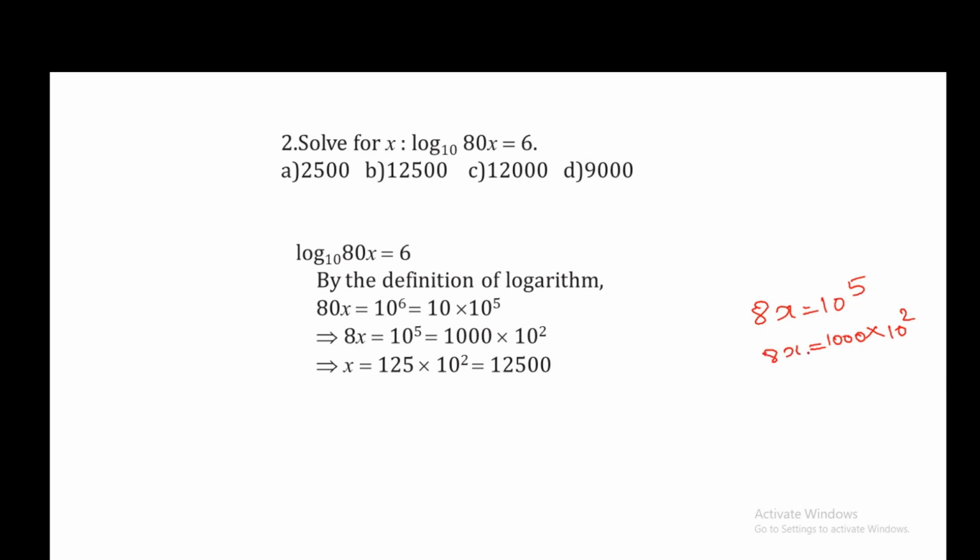Here we have 8x, so x is equal to 1000 into 10 square, we keep it the same, divided by 8. So these two we can check out, 125. X is 125 into 100, which we can write as 12,500 exactly. A few members answered correctly. So 12,500 is the correct answer.